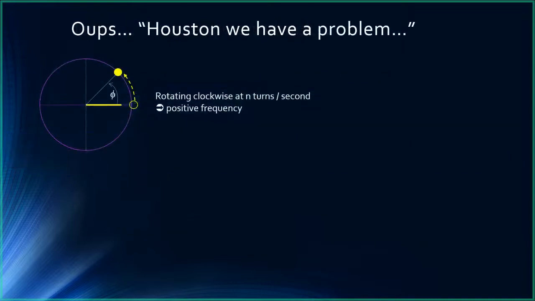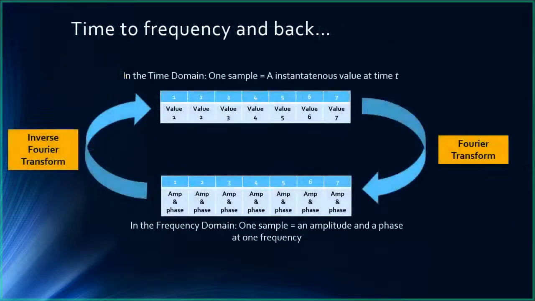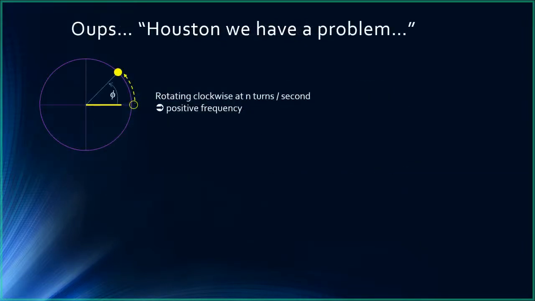So now you've seen that we are able to go from one way to another by just applying that magic formula. But there is a small problem we need to consider. I'll try to explain this here. You see this yellow dot, and assume that this yellow dot is rotating. In fact, my slide is wrong. It's counterclockwise.